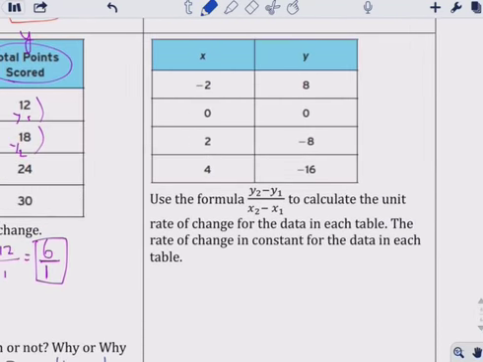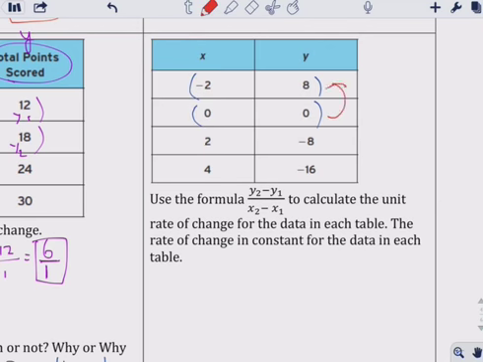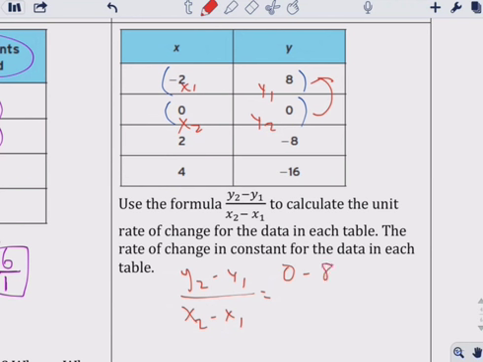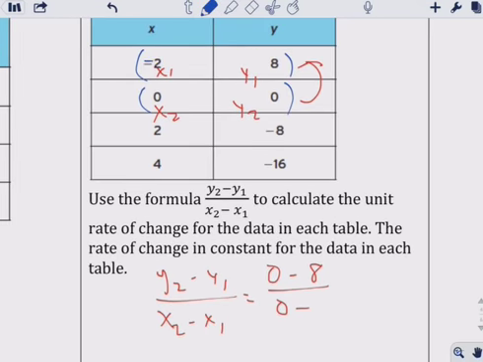Use the formula, calculate unit rate. Okay, same thing. Let's use this one and 0. Oh, 0 is good. 0 is easy. Okay, we're going to go up. y2 minus y1 over x2 minus x1. y2 is 0 minus 8, and then 0 minus, oh, be careful here, that's a -2 here, minus a -2.